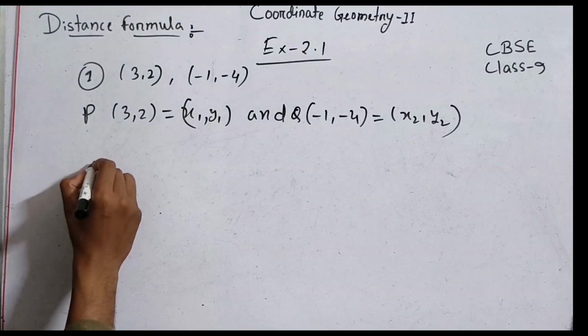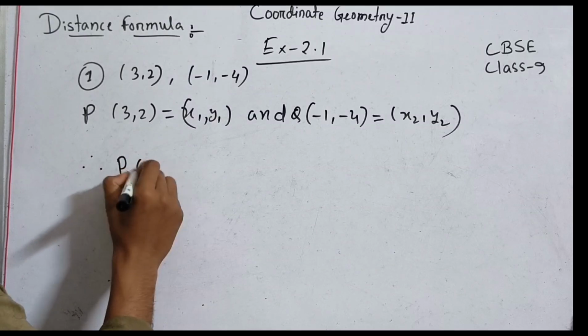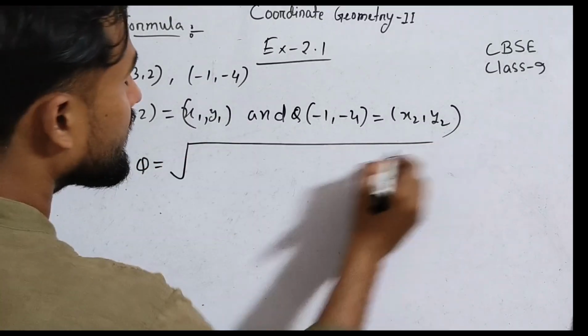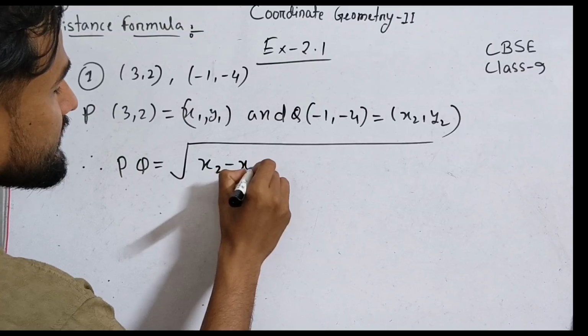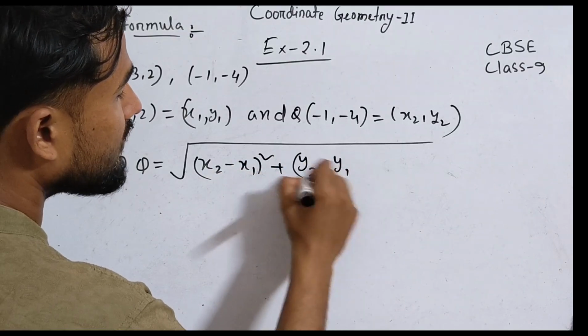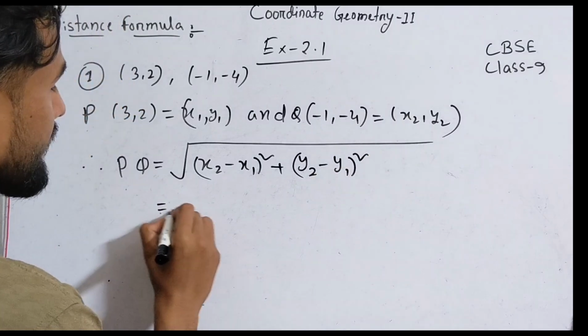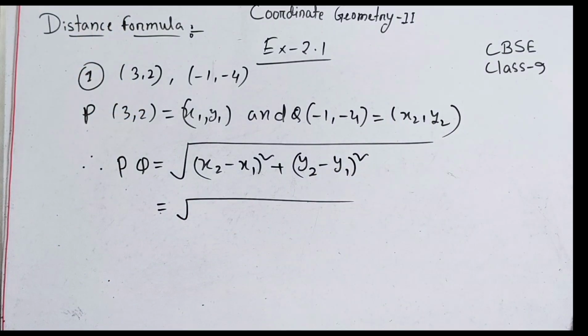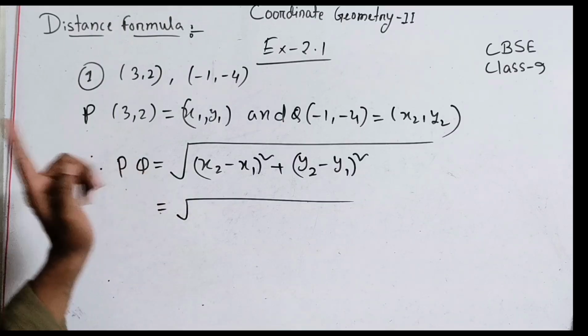The formula was PQ equals root over (x2 minus x1) whole square plus (y2 minus y1) whole square. Let's put the values of x1, y1, x2, y2.